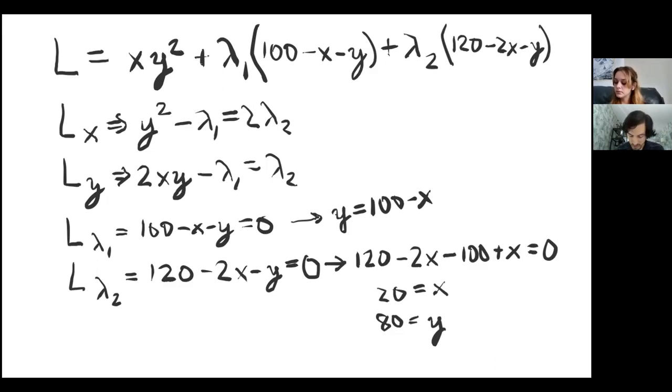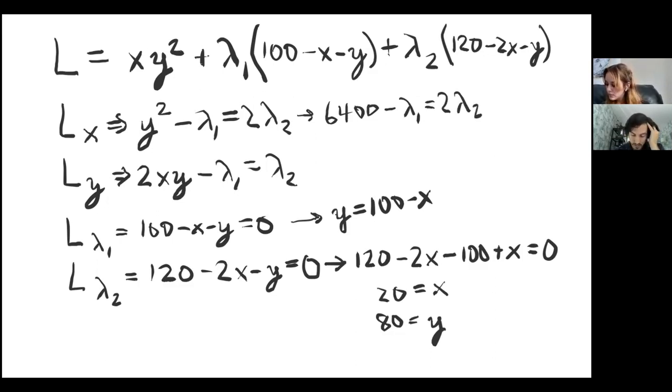Let's plug in y equals 80 and x equals 20 and see what we get. From the first one, we get 80 squared, that's kind of a big number. That's 64 times 100, which is 6,400. 6,400 minus lambda 1 equals 2 lambda 2.